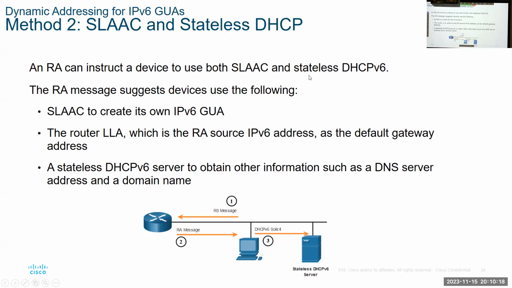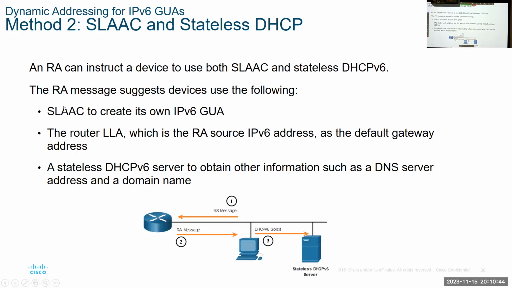The router can instruct it to use SLAAC, or SLAAC with stateless DHCP, or just DHCP by itself. That's what the administrator has to configure on the router: how should I get my address? There are just some commands you put in the router to tell it.